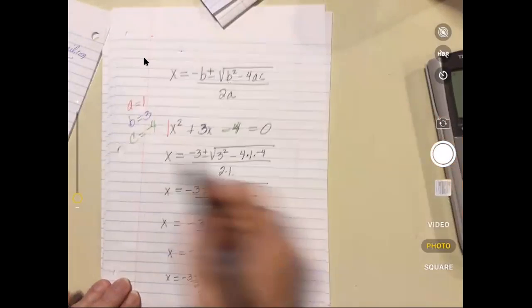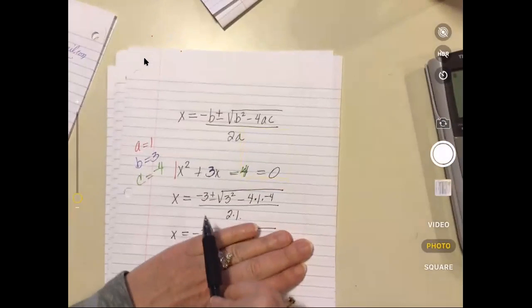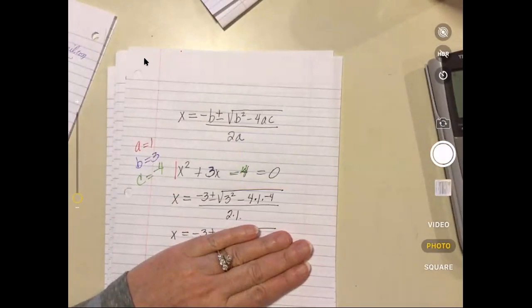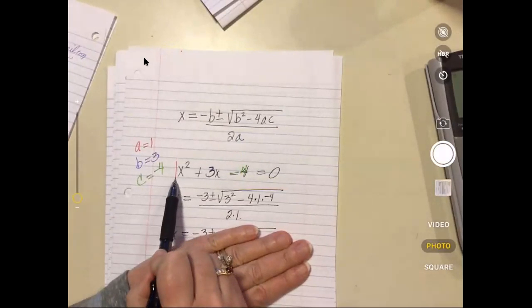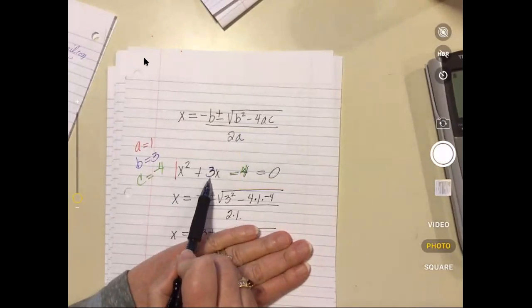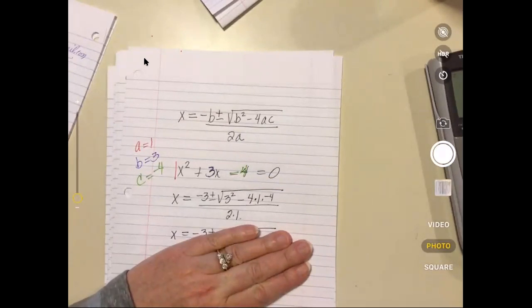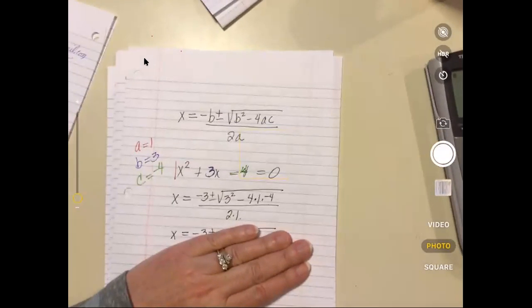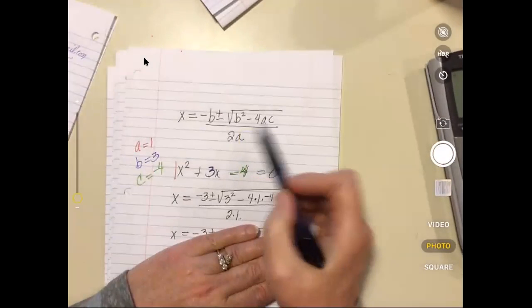Okay, so back right up here. Do you see where the a, b, and c come from? This is a, the number in front of x squared. This is b, the number in front of x. And this is c, the number that's hanging out there all by itself. So once you've got that down, and I always write it down on the side of my paper like this, then you just put them into the formula.